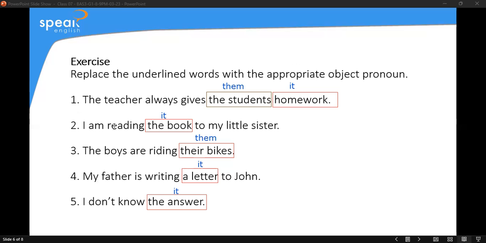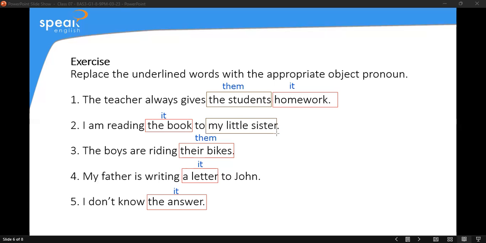Okay, what about number 2? Do I have a direct and indirect object? Sister.